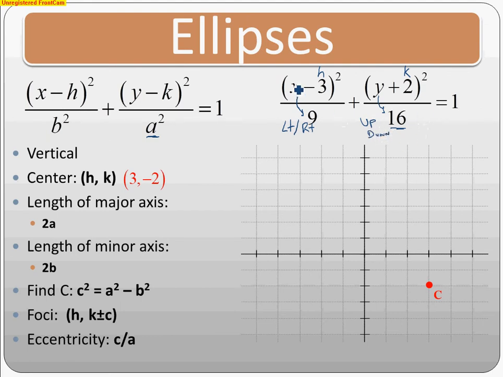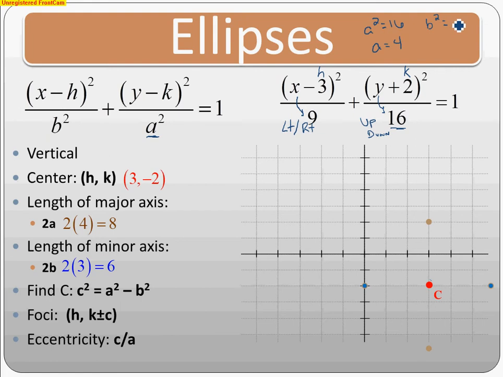Okay, so 3 left and right. So 1, 2, 3, make a mark. 1, 2, 3, make a mark. Up and down 4. So 1, 2, 3, 4, make a mark. Down 4, make a mark. And that's how we know that the length of the major axis, again, knowing that a squared is equal to 16, a's got to be 4.